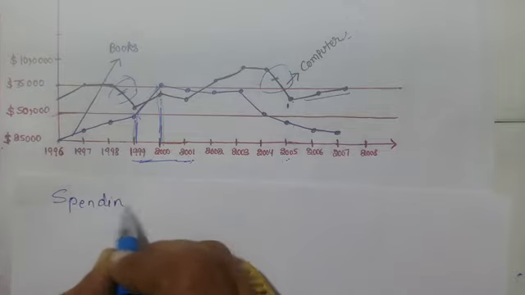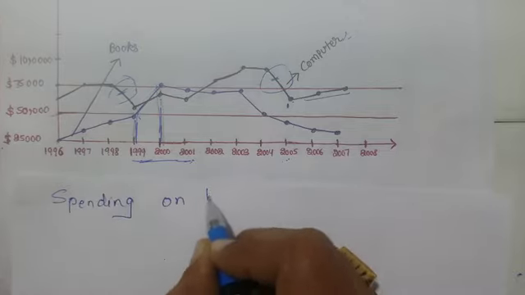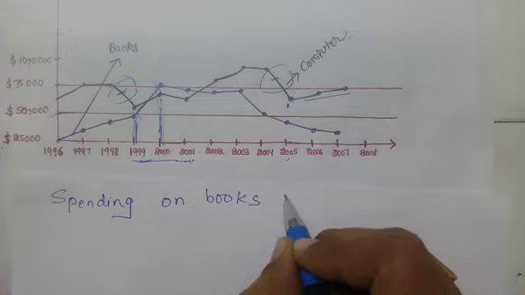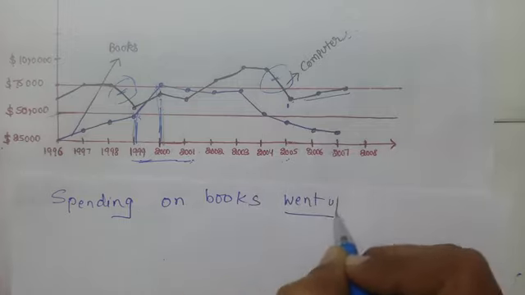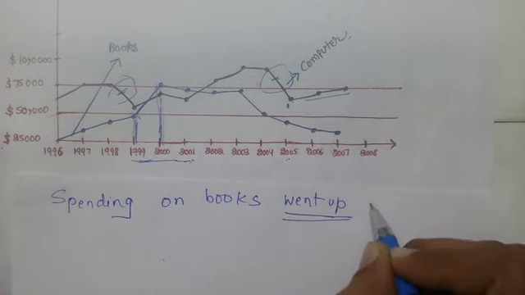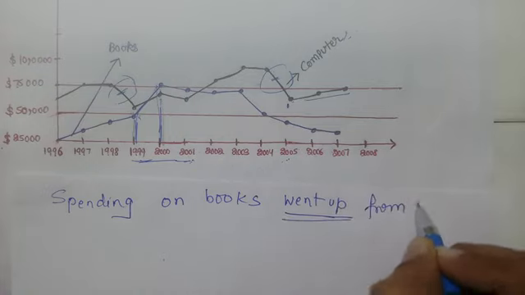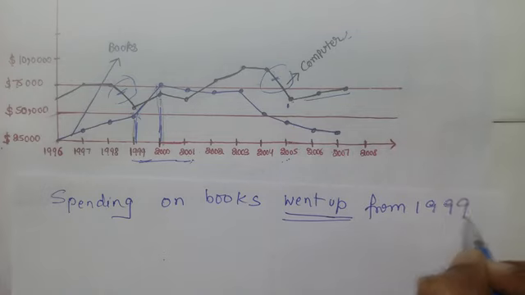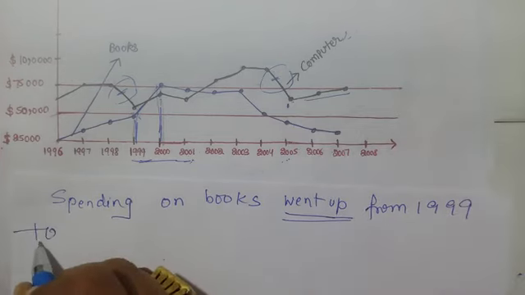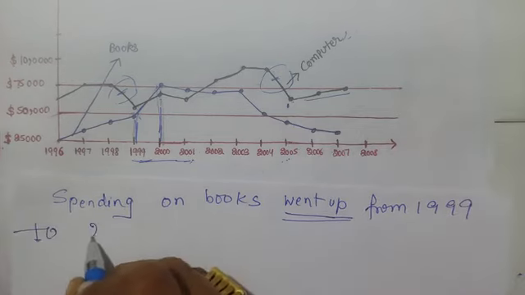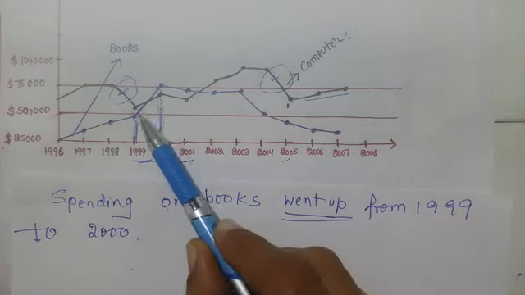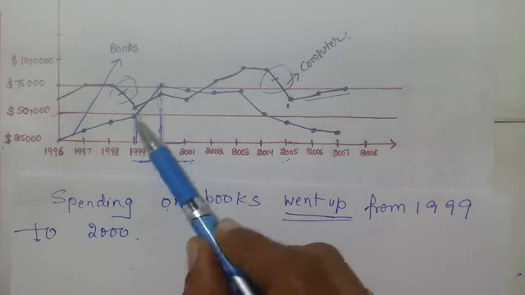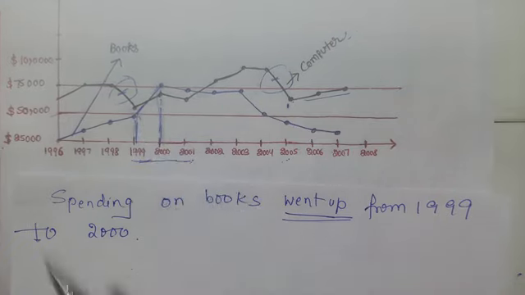Spending on books went up from 1999 to 2000. Now check, this is the book line, the blue one.